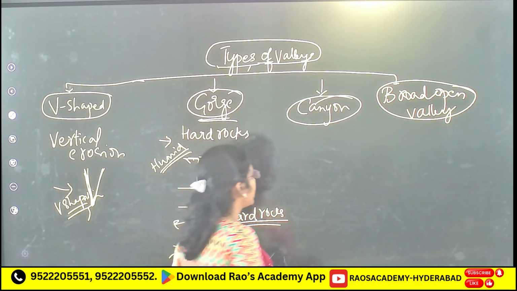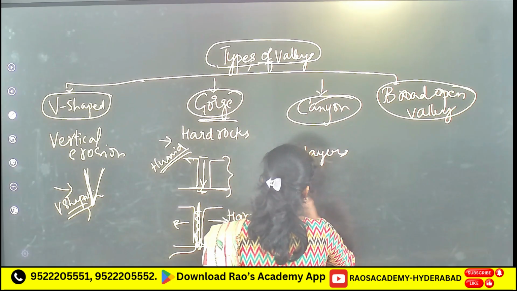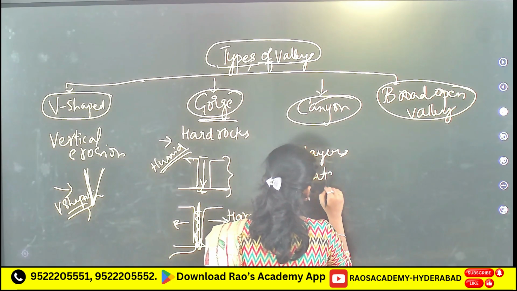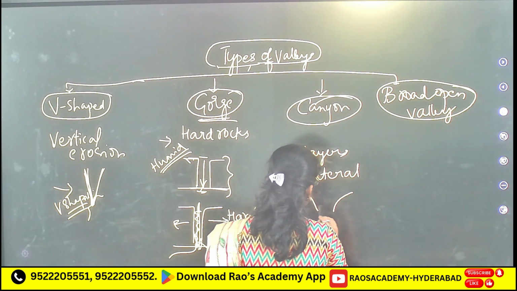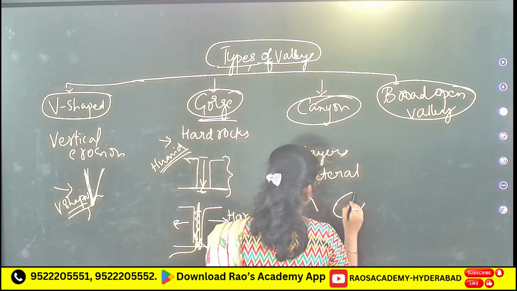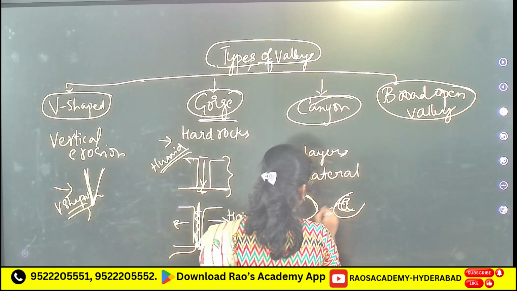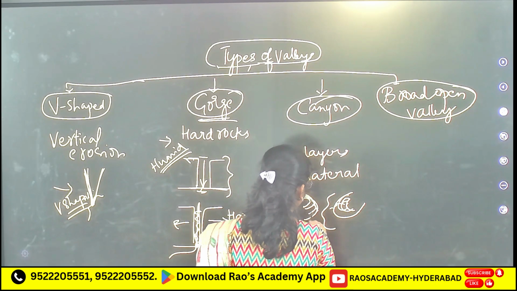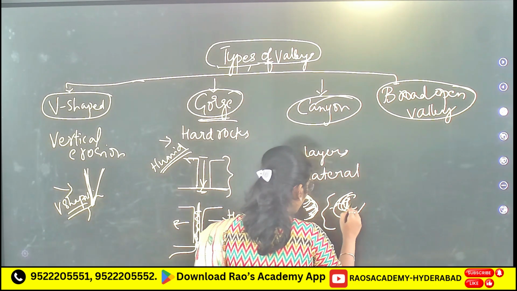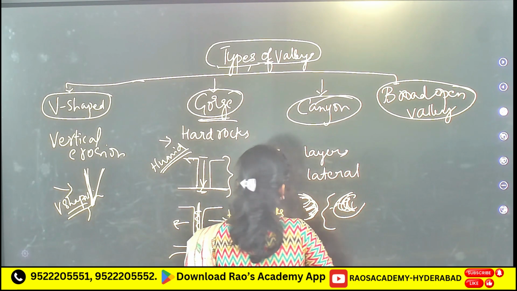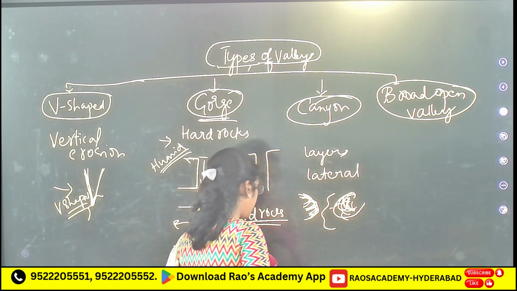Example, canyon: layer wise lateral erosion, you will see wide openings like this. If the river is flowing, you will see layer wise erosion and wide openings. Here steep, straight, here wide openings, layer wise erosion you will see.